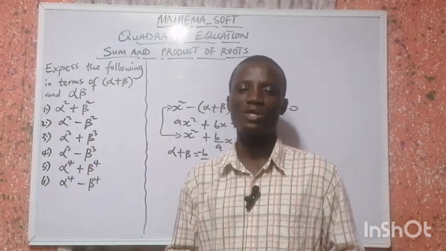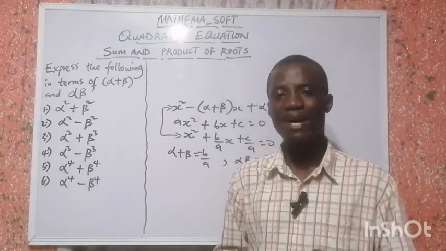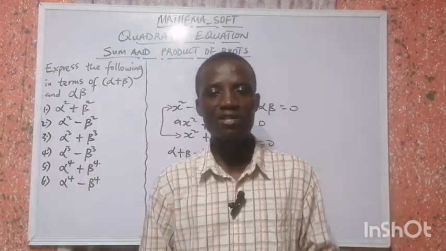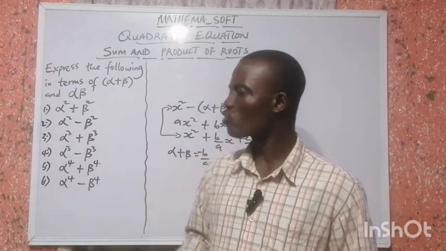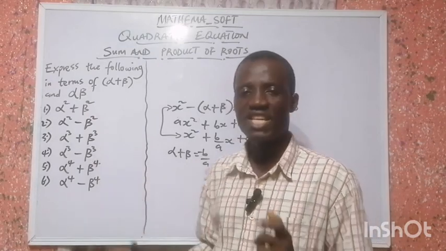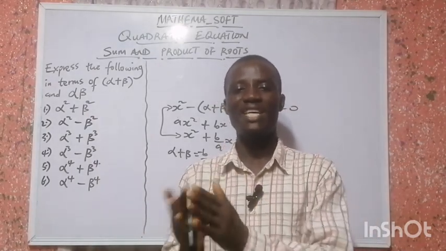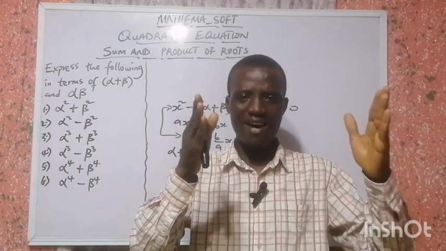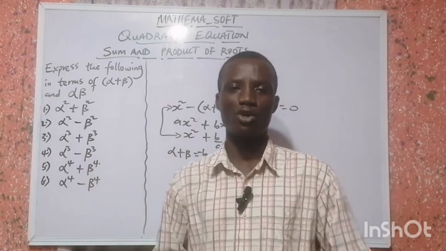Now, you should know that whenever we have questions like this, the aim and objective of using the knowledge of sum of roots and product of roots is for you to simplify the expression in such a way that the only things in it will be alpha plus beta, which is sum of roots, and alpha beta, which is product of roots.